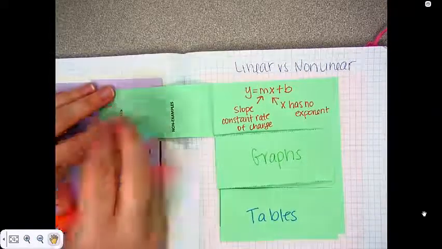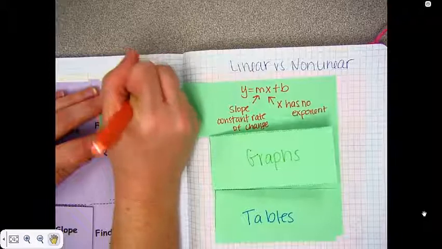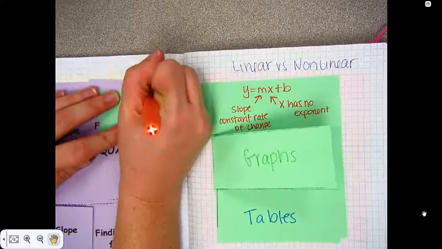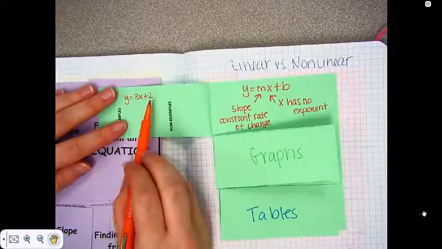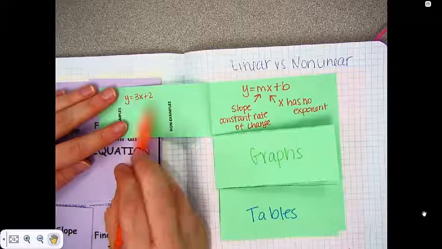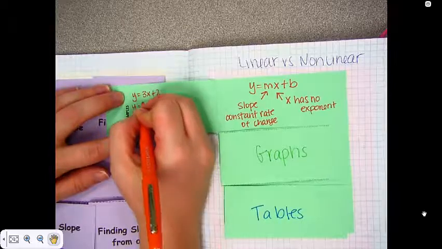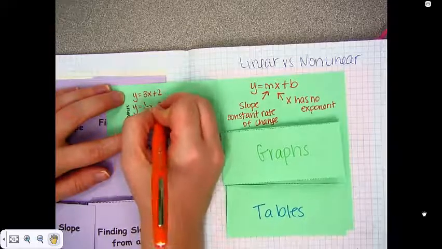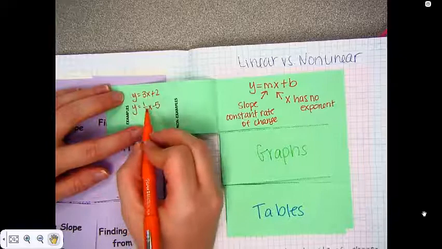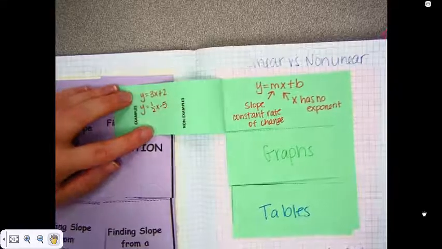Well, some examples might be y equals 3x plus 2. We have x raised to the first power, and we have a slope of 3. y equals 1/2 x minus 5. We have an x raised to the first power and a slope of 1/2.